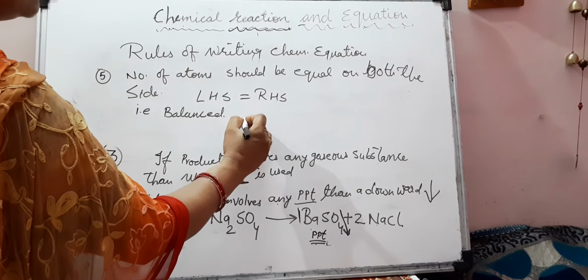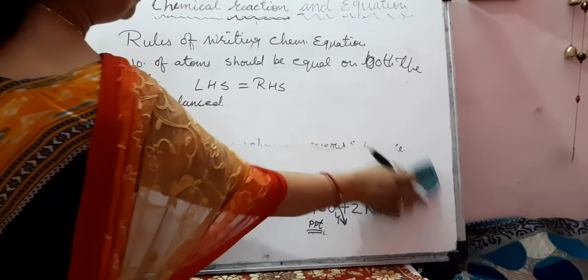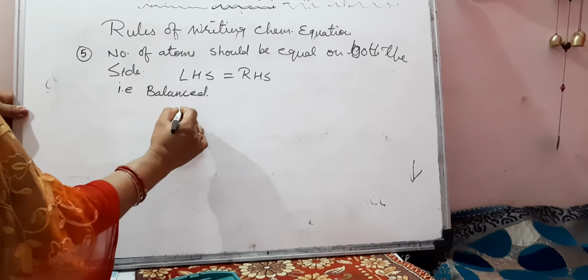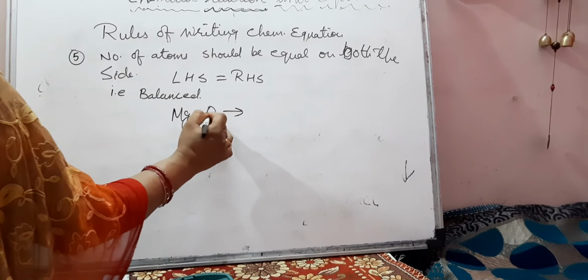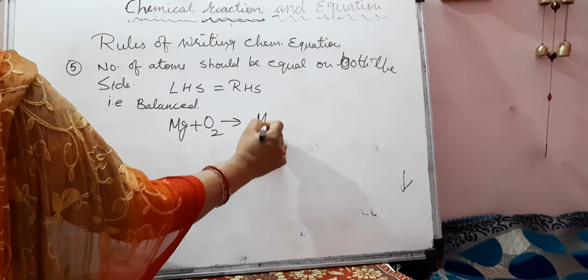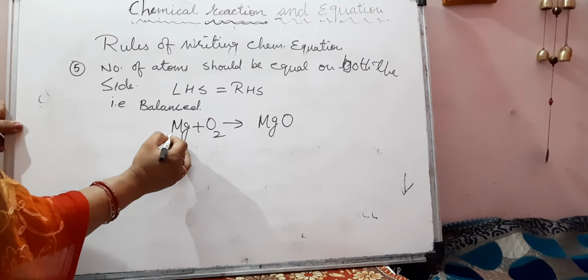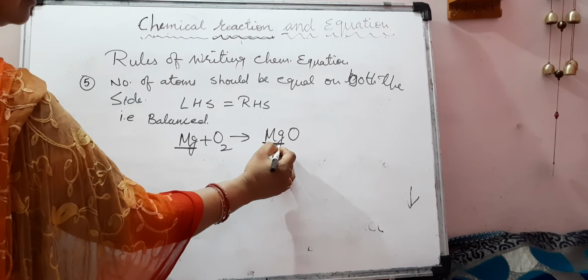I am taking one example here, students, which I have taken previously also: magnesium when burnt in the presence of oxygen gives magnesium oxide. Here you are observing that magnesium is 1, and on the product side also it is 1.